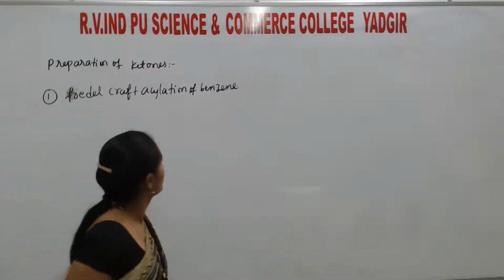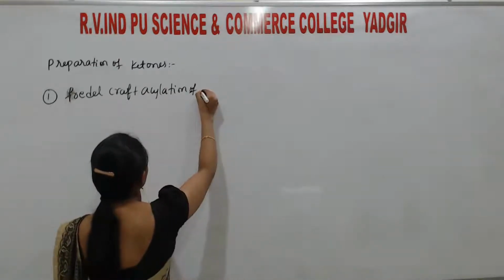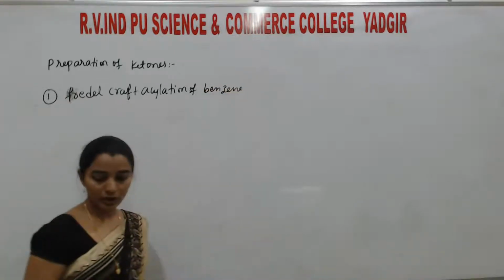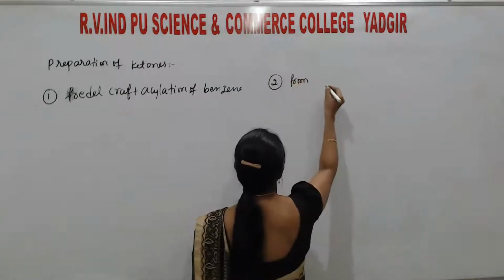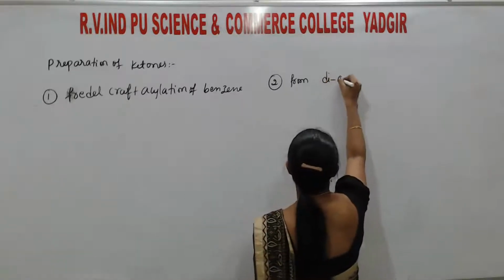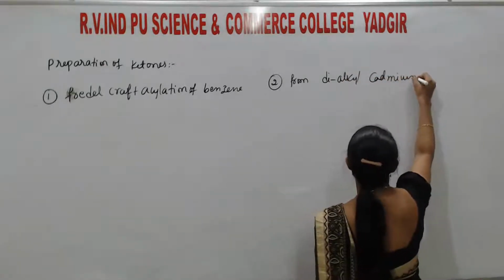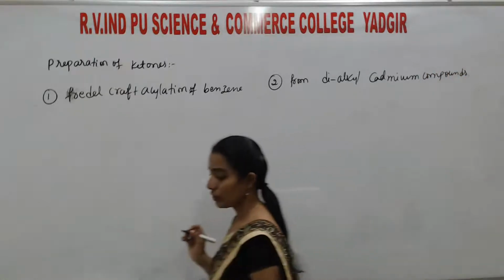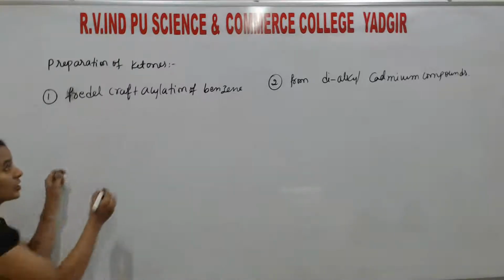Next, the second one is from dialkyl cadmium compounds. Okay? Two types of systems. So students, the first one is Friedel-Crafts acylation.